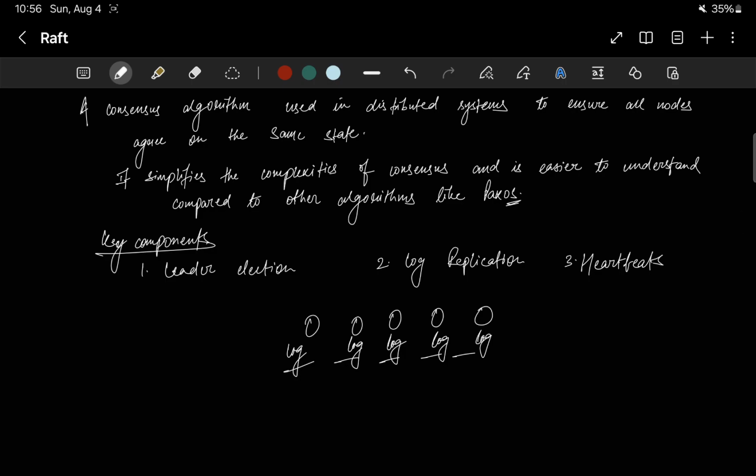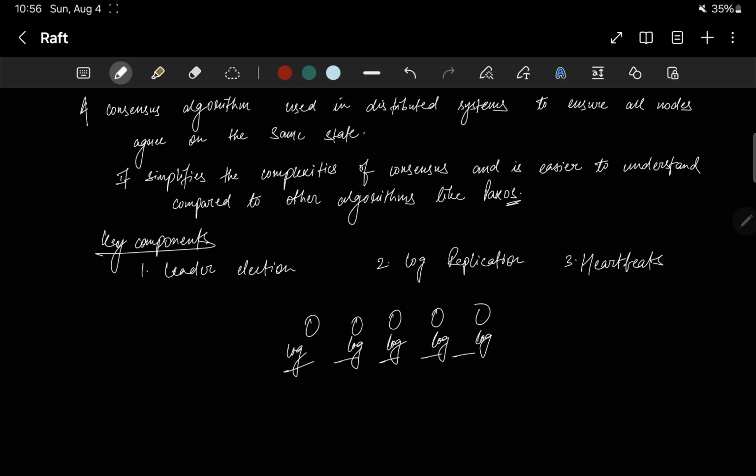Means duplication will not be there. Let's say the America region writes on this log, India region writes on this log, Europe writes on this, Africa writes on this, Australia writes on this, something like this happens. So this is what the distributed system is.